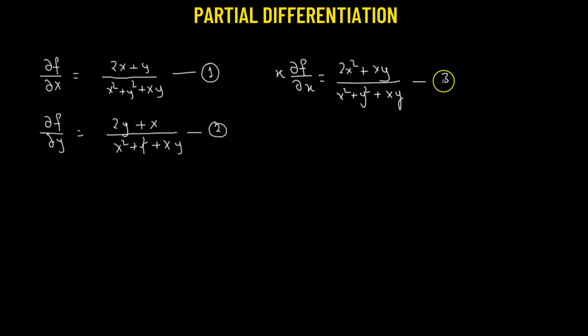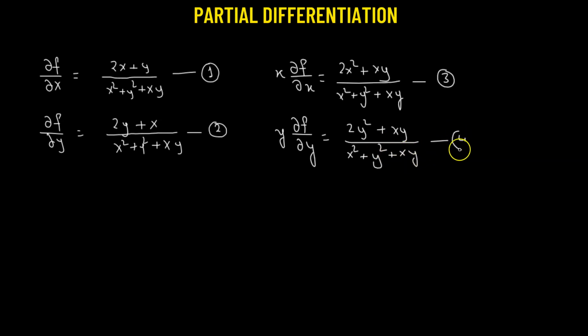Let's label this as number 3. And we take equation number 2 and multiply both sides by y. So y times the partial of f with respect to y will be equal to y times the numerator, which is 2y squared plus xy, divided by x squared plus y squared plus xy. Let this be number 4.